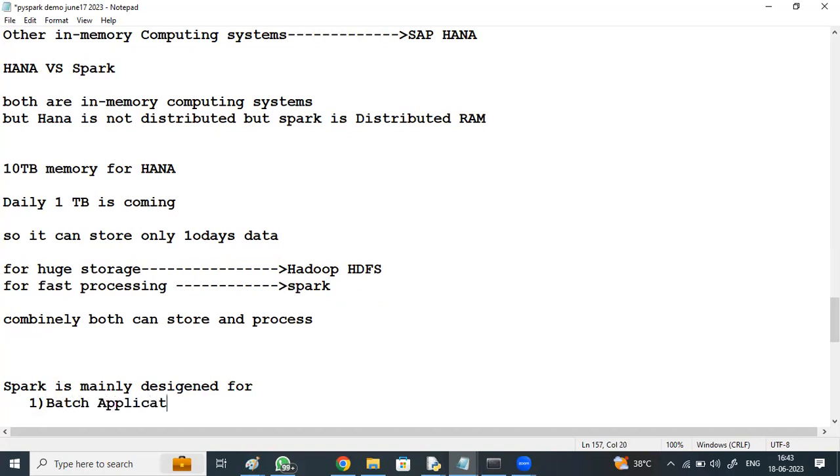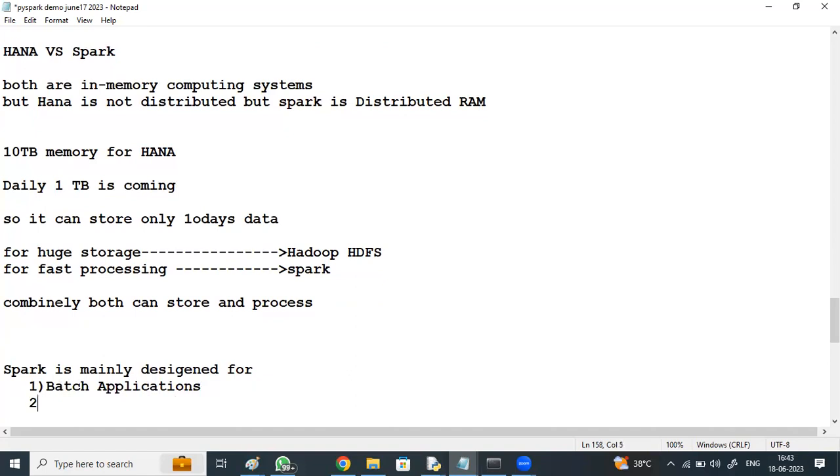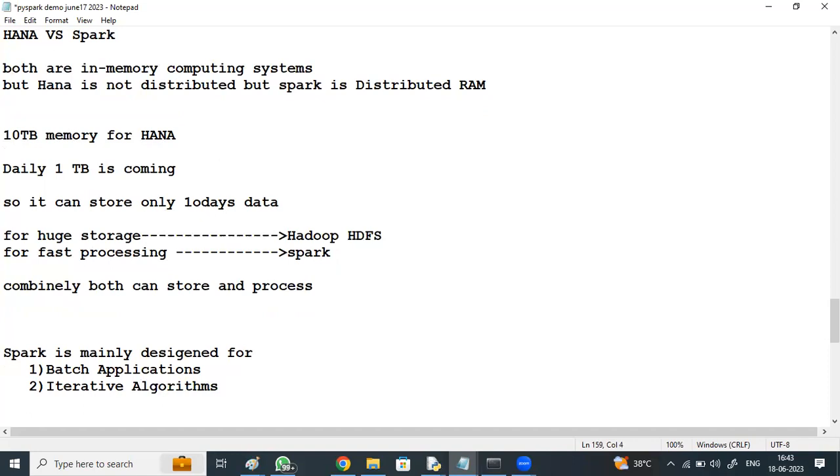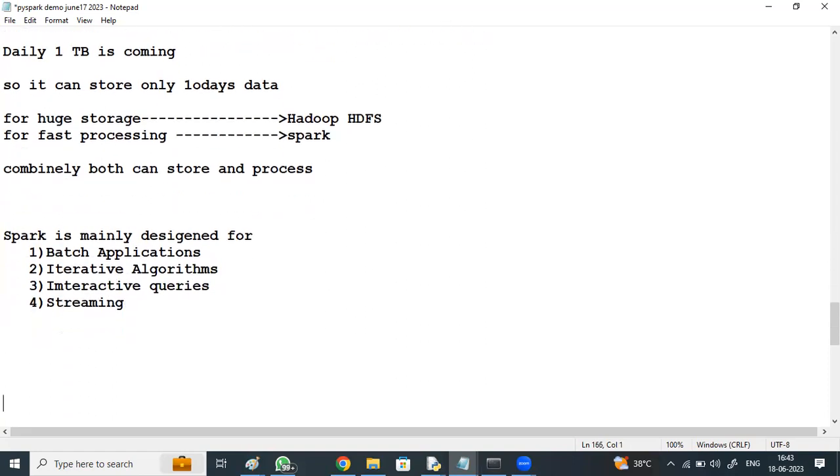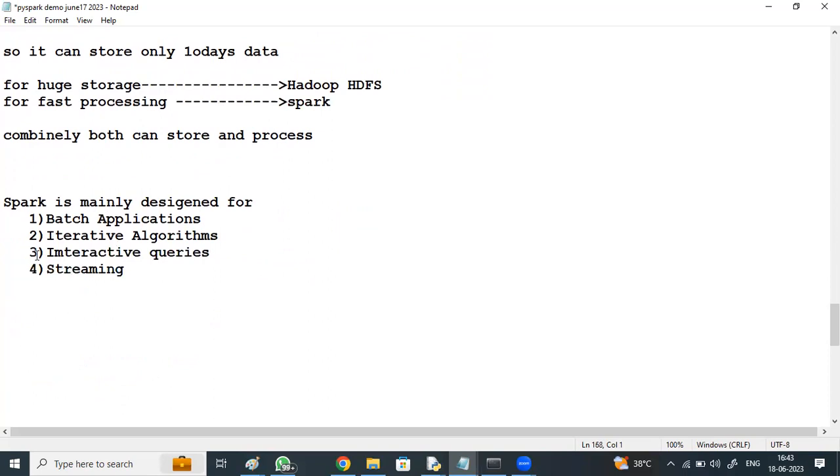Spark is mainly designed for batch applications, non-interactive applications, iterative algorithms. Most of the machine learning algorithms are iterative in nature. Interactive queries, streaming. You can perform streaming also using Spark, micro batching.